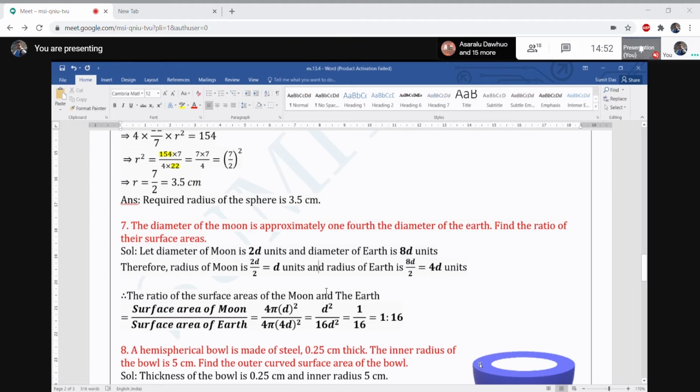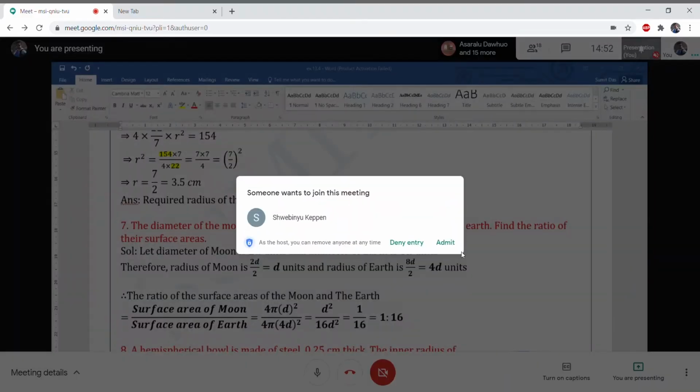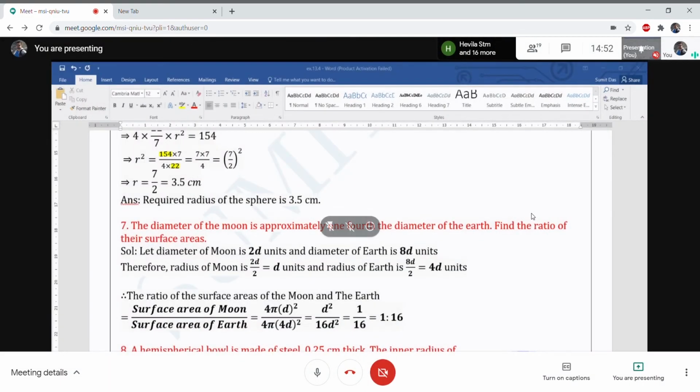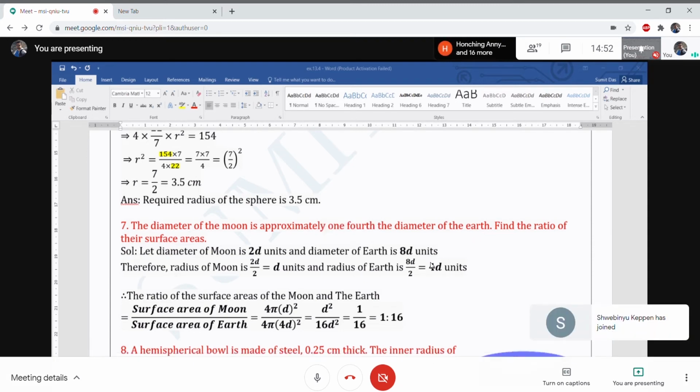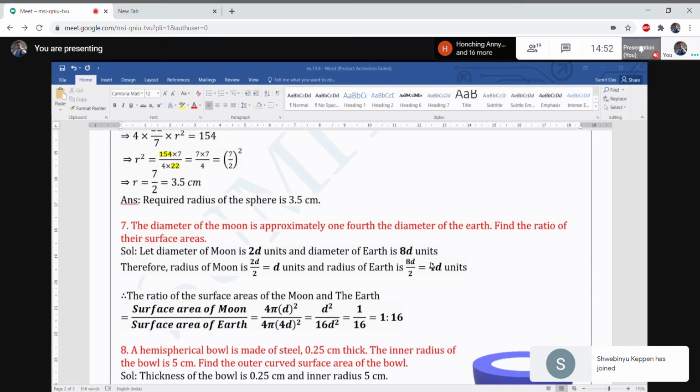So we got the radius of the moon and the radius of the earth. Now we have to put in the surface area formula. The ratio of the surface areas of moon and earth is equal to the surface area of the moon divided by the surface area of the earth, right?